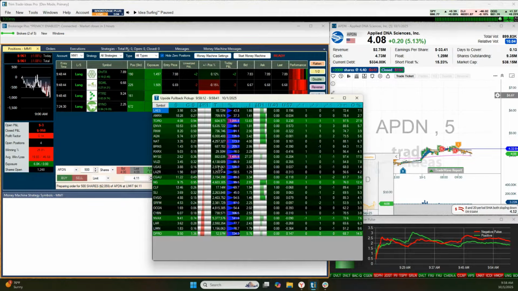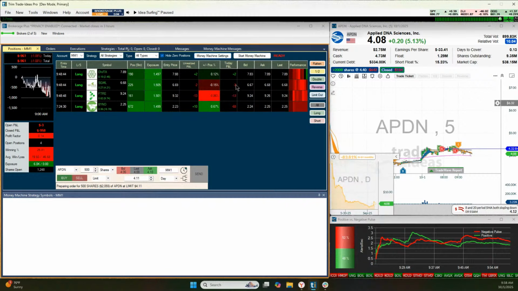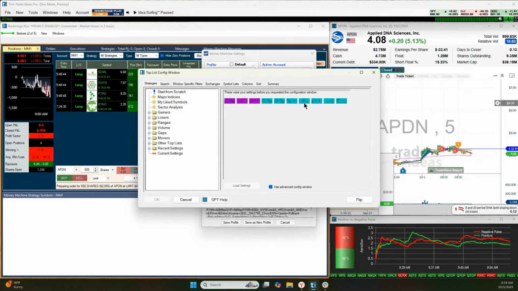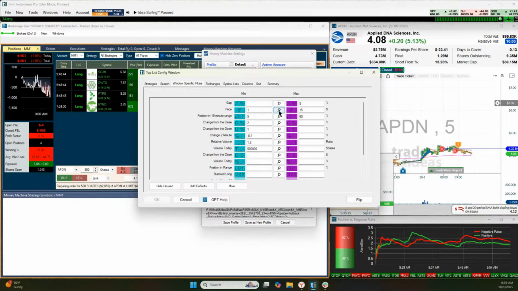Does that make sense? So any one of these settings, you can see what we're doing. You can configure it. You can adjust it. You can do all sorts of things like that.